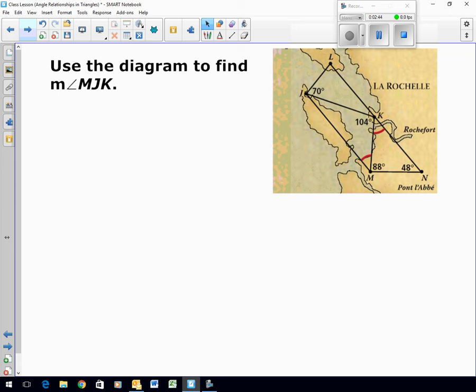Let's do this one. It says, use the diagram to find the measure of angle MJK. Just simplify this a little bit.